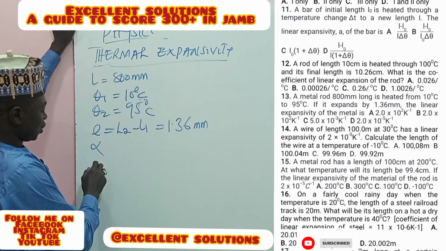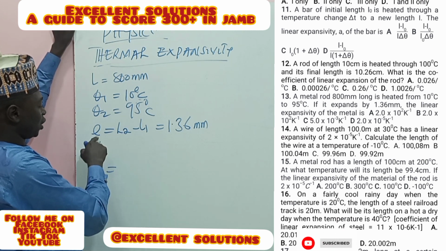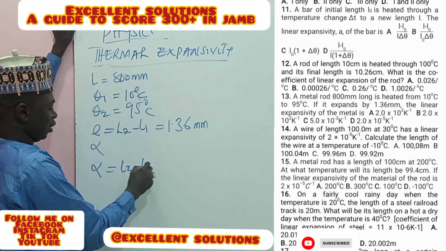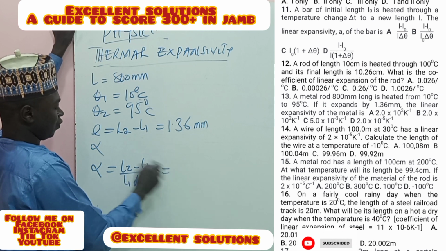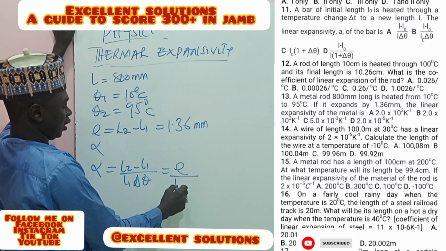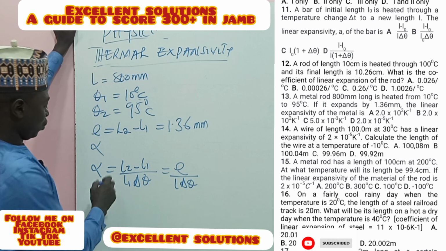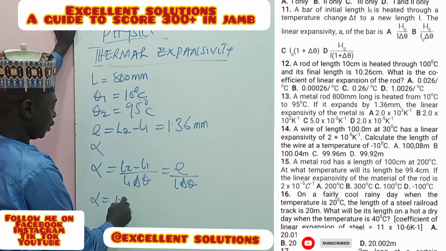Remember we said linear expansivity alpha equals L2 minus L1, which is the same as expansion. Or let's say L2 minus L1 over L1 delta theta, which is the same as expansion over original length times delta theta. So we now have our alpha equals our expansion 1.36.